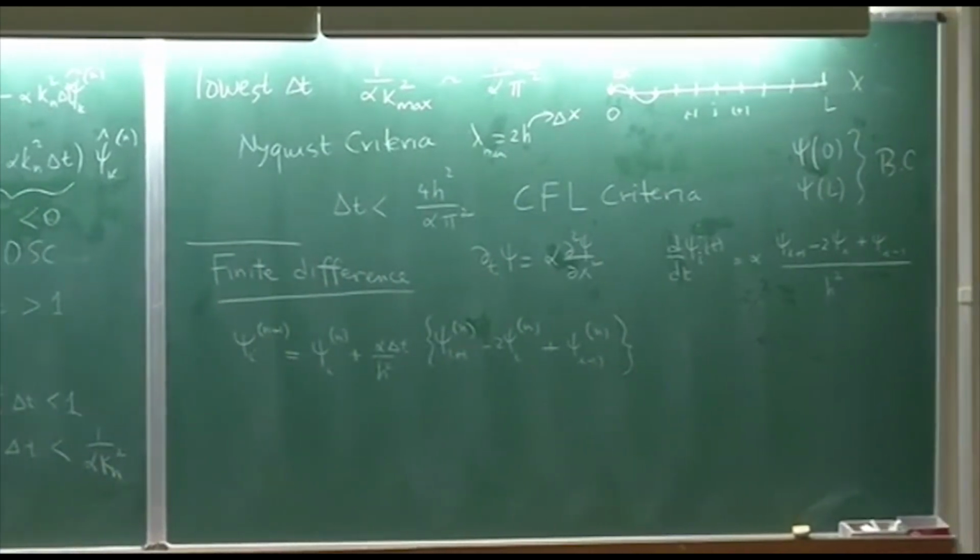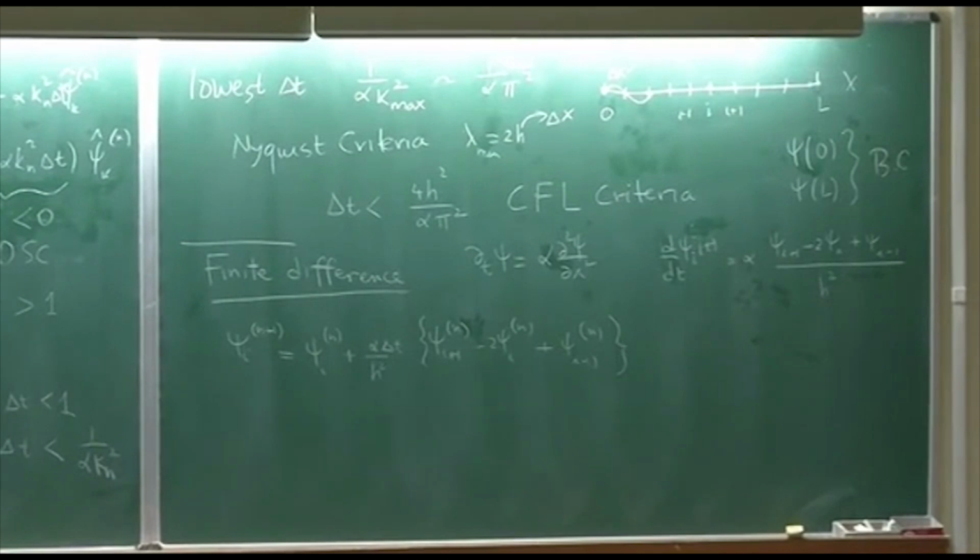Now in principle I have solved the problem. I just had to put it in a computer and solve it. Instead of one ODE you have to solve ODEs for all the points except the boundaries.